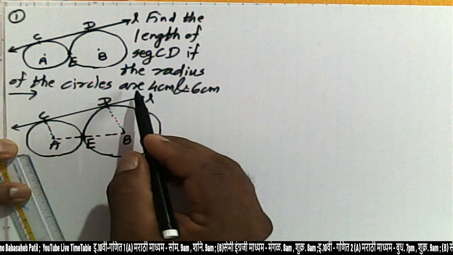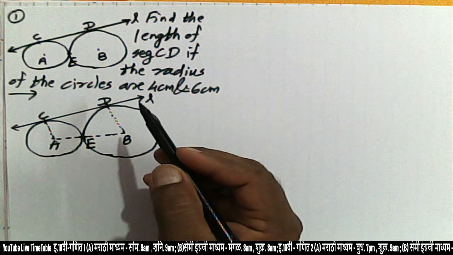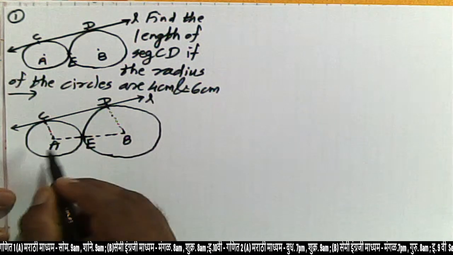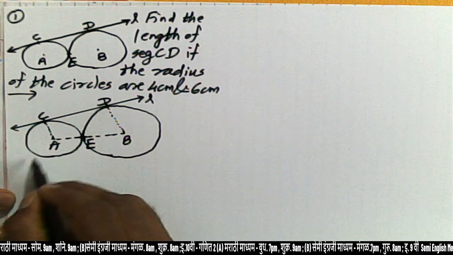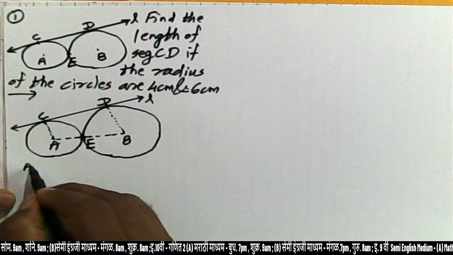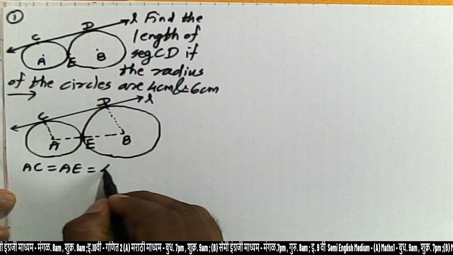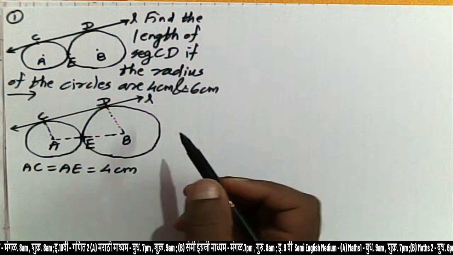Here, the small circle's radius, that is AC, is the radius, and AE is also a radius, and that is 4 centimeter, given.